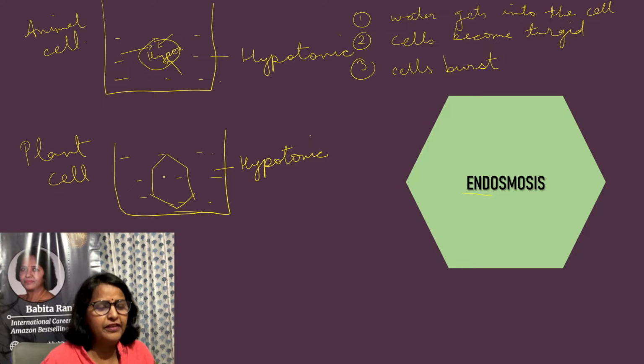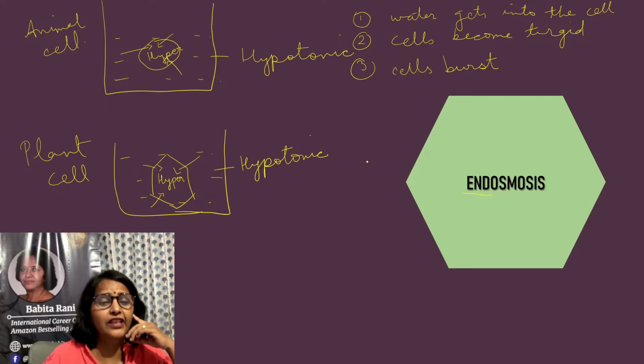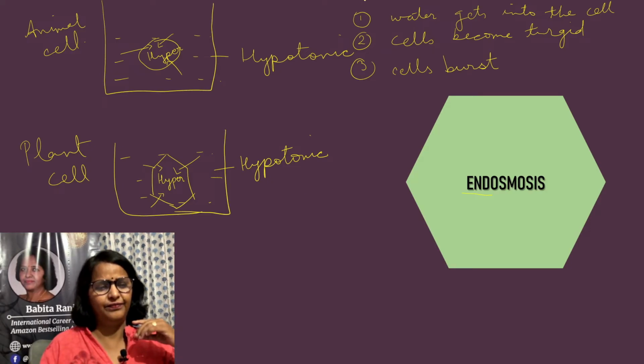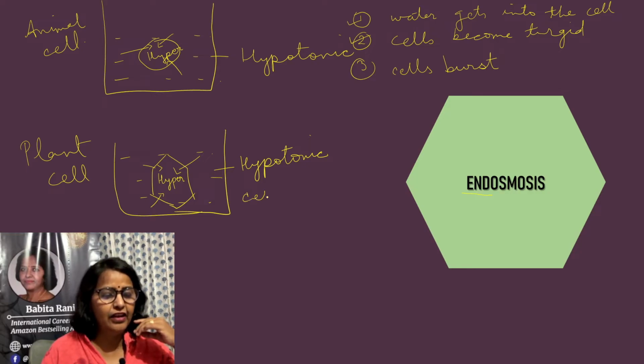So, with respect to this solution, the plant cell will become hypertonic, so water will move into this. The first two things will happen in this also, that means water gets into the cell and the cell becomes turgid. But in case of plant cell, cells will not burst. Why will they not burst? Because they have a cell wall.